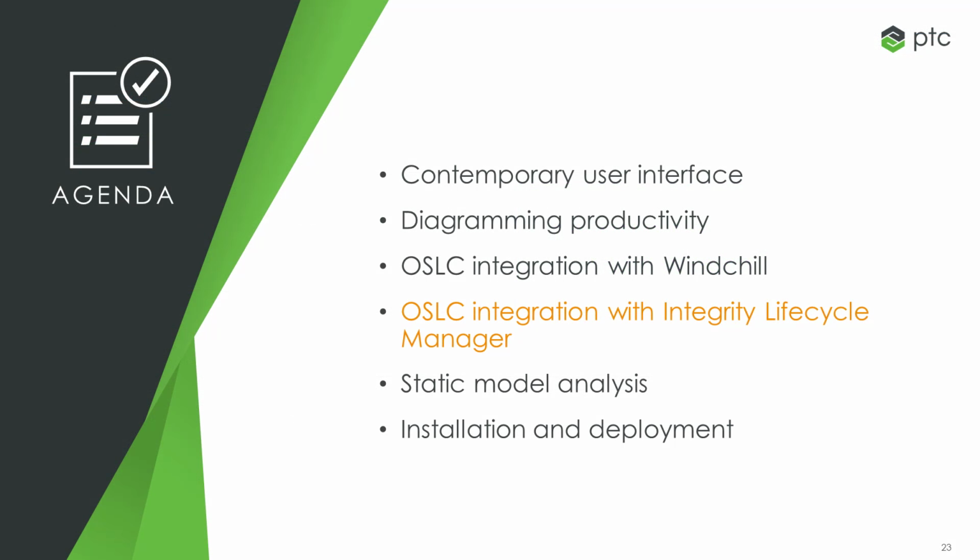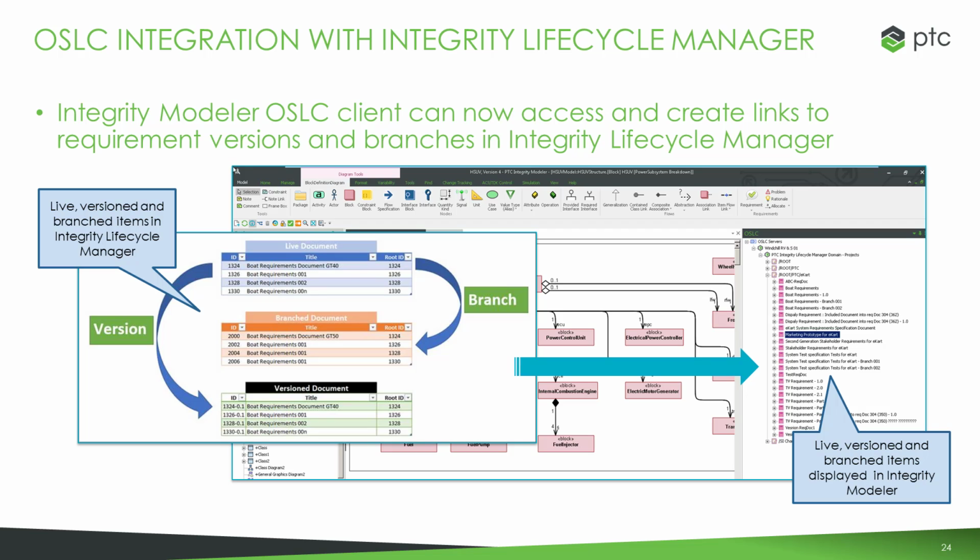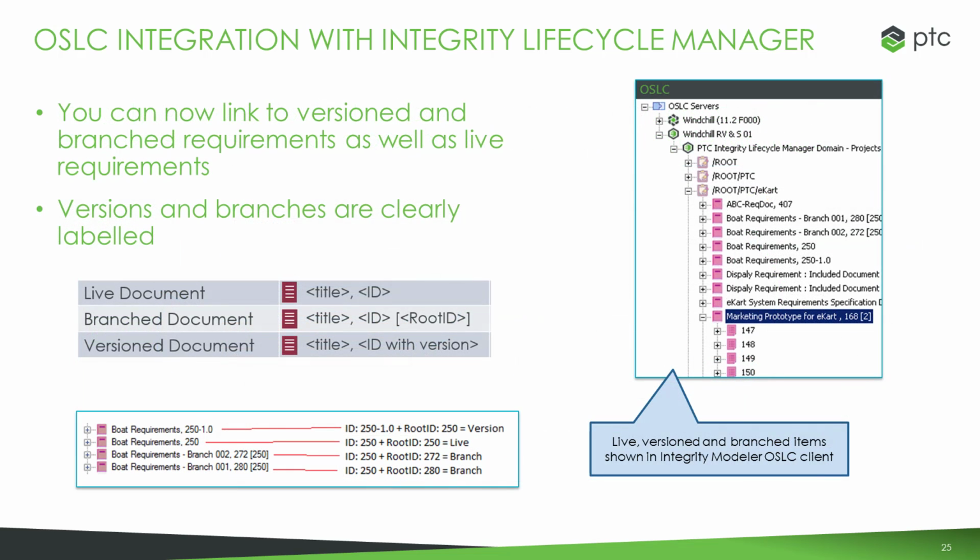Next, we'll move on and look at the improvements to the OSLC integration between Integrity Modeler 9.2 and Integrity Lifecycle Manager. Integrity Modeler 9.2 can now not only link with the live items in Integrity Lifecycle Manager, but also versioned and branched items. In this example, we're showing linking to versioned and branch requirements.